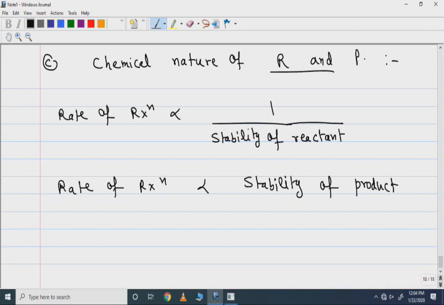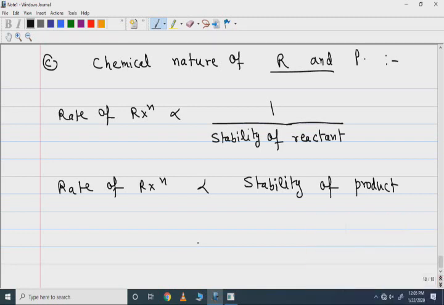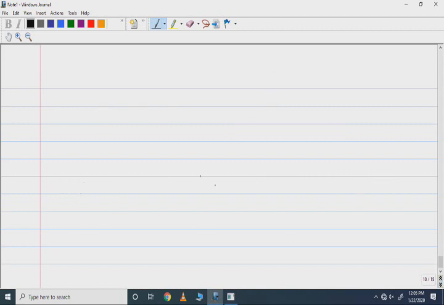Done? Okay. So, next one is your concentration of reactant.